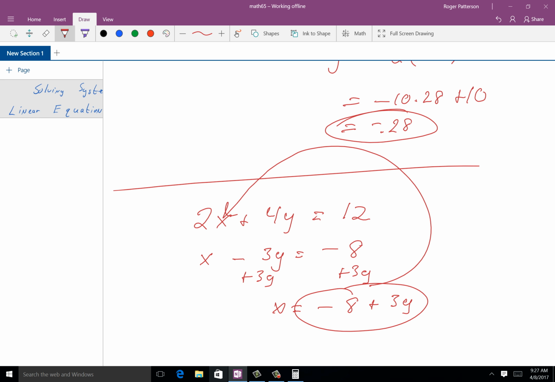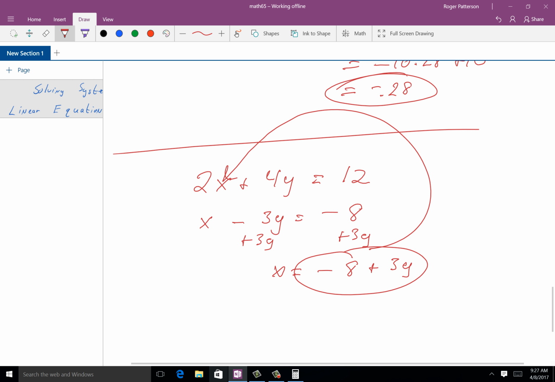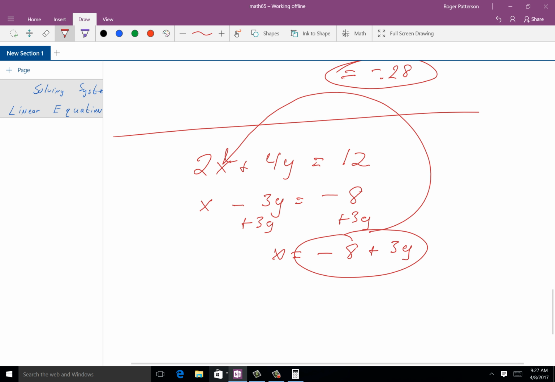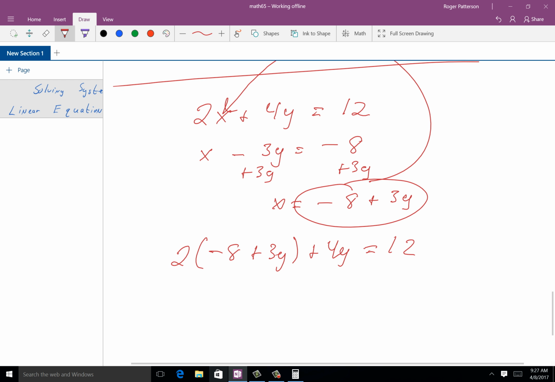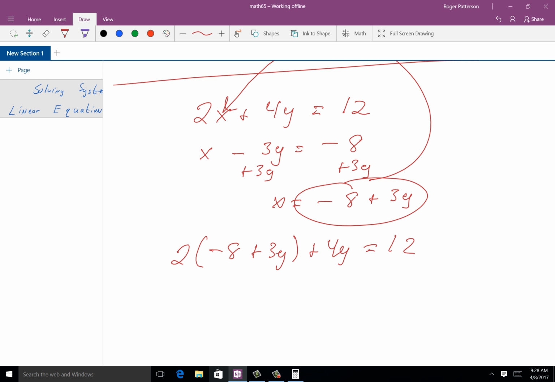We always take the equation that we solved for and put it into the other one. All right, so we're going to get 2 times negative 8 3y plus 4y equals 12. And now we just work this out.